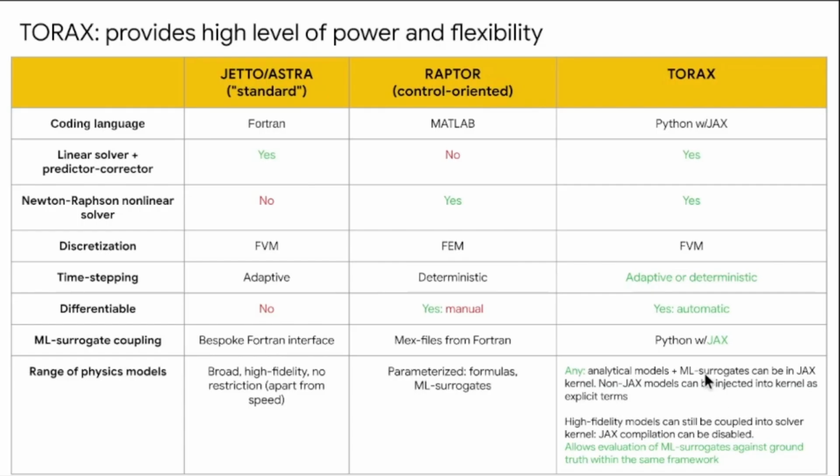But the fact that you can still do standard integrated modeling with TORAX means its main feature is that you can evaluate ML surrogates against their ground truth within the same framework, and avoid all the issues that arise from wondering what's different, the model or the framework you're using to compare. This is actually a big advantage. You can also use it to generate the training sets of these ground truth models.